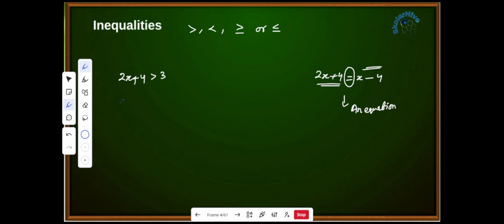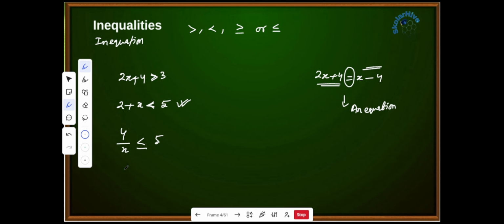Another example: if we have 2 plus x less than 5, here also two expressions are compared with the less than symbol, so this is also an inequality, or sometimes we call it an inequation. The expressions are compared by the less than symbol, greater than symbol, or less than or equal to symbol.